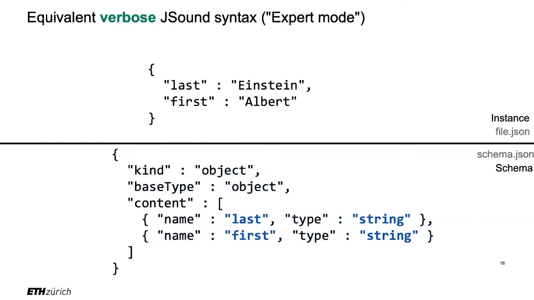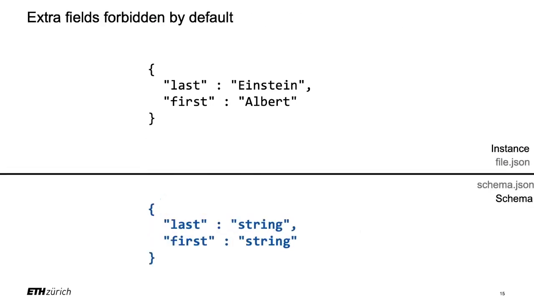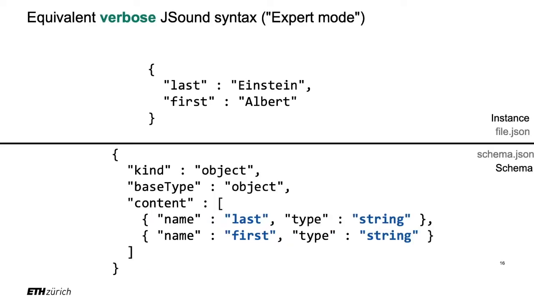The compact syntax is dynamic, because here you can put any fields you want. It's whatever fields you want to validate against, right? So last and string and first can be replaced with anything you want. This is dynamic layout design, dynamic. Here, this is static layout design. Why is that static?